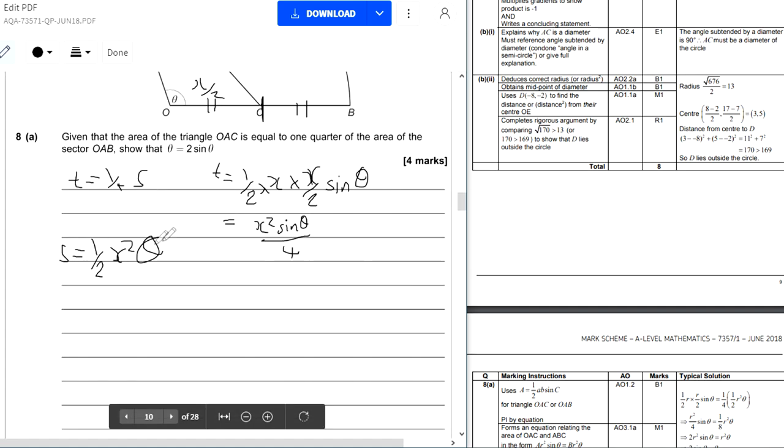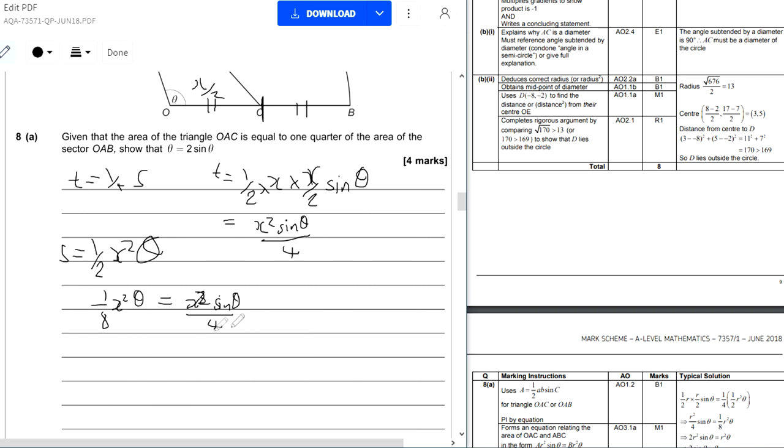So that's that, and what we're saying is that T is 1/4 of S, so 1/8 x squared theta is equal to x squared sine theta over 4. Not too difficult to get to this next part now. Both of them have x squared, so we can cancel. Multiply it by 8, we're going to get theta equals 2 sine theta.